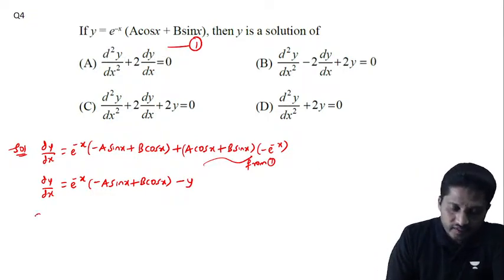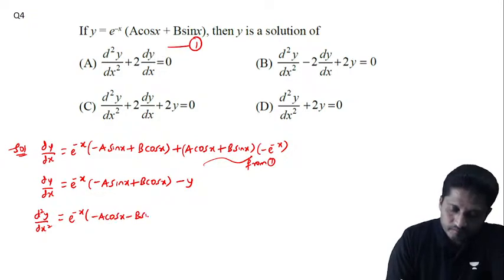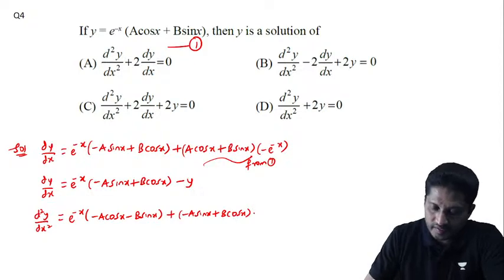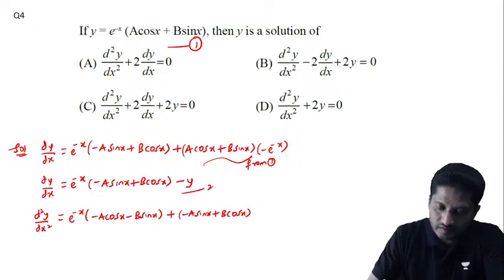If I differentiate once again, d square y by dx square is equal to e power minus x into, u into v dash, that is differentiation of sin x is cos x and cos x is minus sin x, plus v into u dash. Differentiation of e power minus x is minus e power minus x. You call this equation 2.